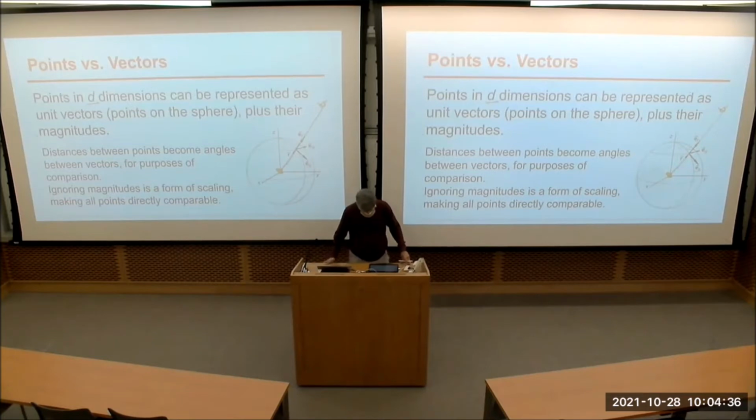So if you want to say something about how far apart 2 points are on the unit sphere, one thing to think about is to reduce those points to unit vectors and find the angle between them. If the angle between them is small, then the points are very close to each other on the sphere. If the angle between them is large, they are far apart.